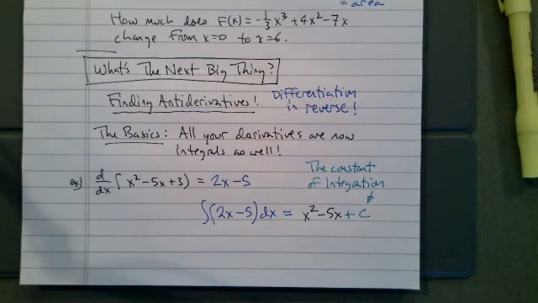Any questions? So we basically just assume that there's always a constant, even though there may not have been. The constant might have been 0, but we don't know what it was.